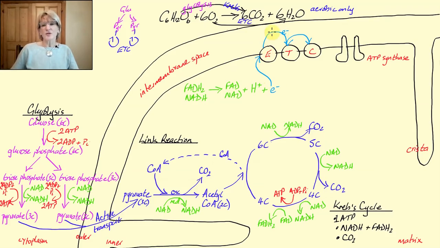And these electrons go down the electron transport chain, releasing energy at each stage. And that is why I'm trying to denote here that these bounces, as it were, are getting smaller as they go down the electron transport chain. And the energy released causes hydrogen ions to be pumped across the inner membrane into the intermembrane space.